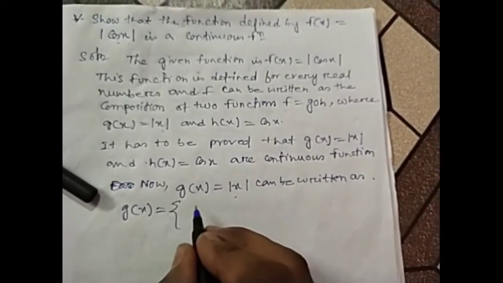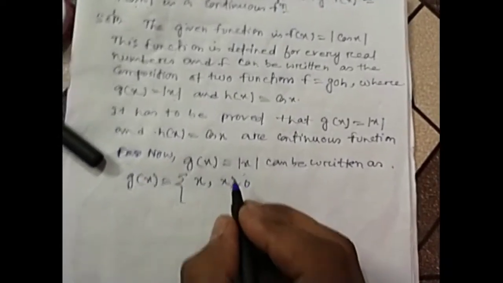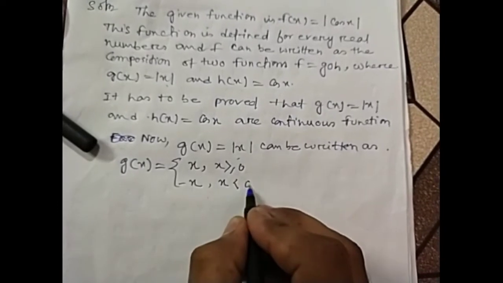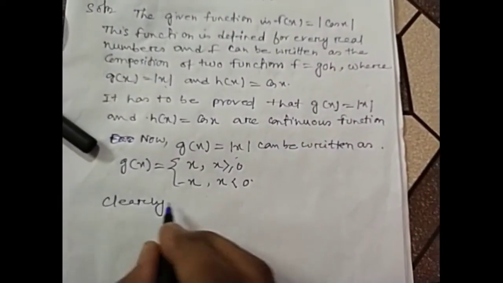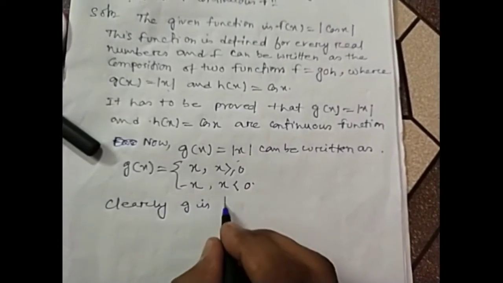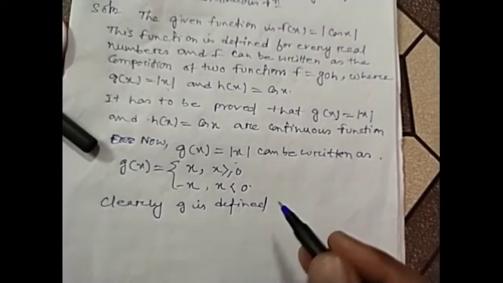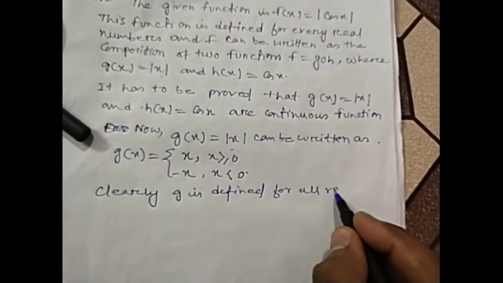There are two functions. One is x when x greater than or equal to 0 and the other one is minus x when x less than 0. Clearly g is defined for all real numbers. It may be continuous, it may not be continuous.